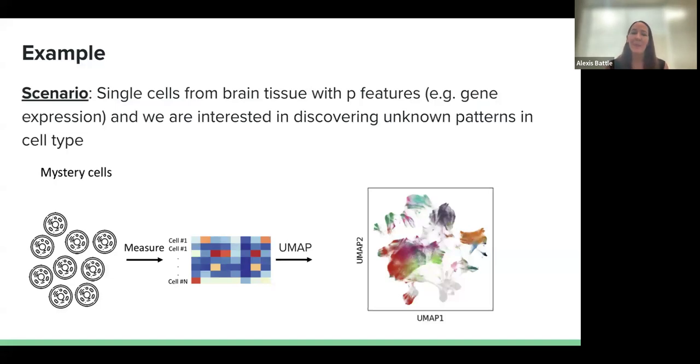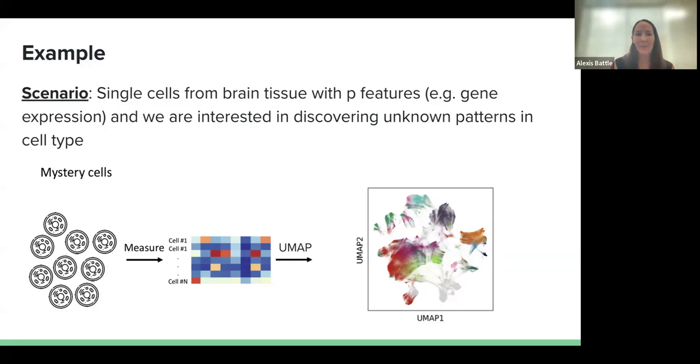But in this case, instead of outputting clusters, we're outputting information about the prominent trends in our data, or in this case, a visualization using UMAP that shows every cell in our data and how they seem to relate to each other, laying them out so that cells that appear to be more similar are placed near each other in this two-dimensional visualization, based on a high-dimensional original data matrix input. We get a low-dimensional representation that is conducive to visualization out.